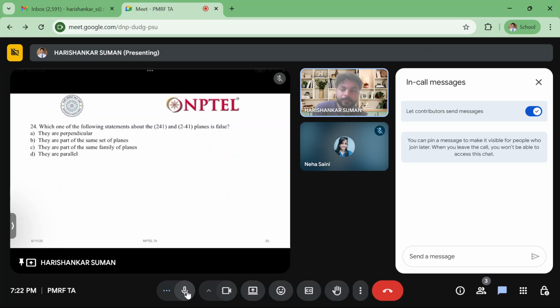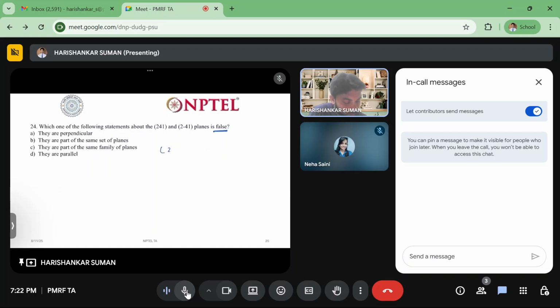Next question. Which of the following statements about the 2 1 4, 2 4 1 and 2 minus 4 1 planes is false? They are perpendicular, they are part of the same set of planes, they are part of the same family of planes, they are parallel. Which is false?